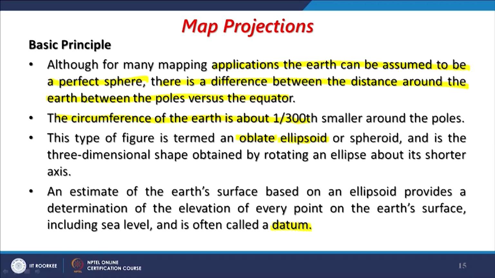In GIS we also use datum, and in GPS or GNSS the term geodetic spheroid is used. These are also called the datum as well.